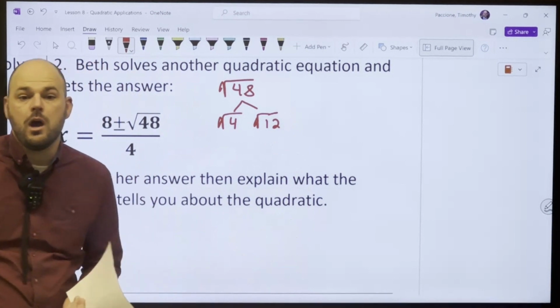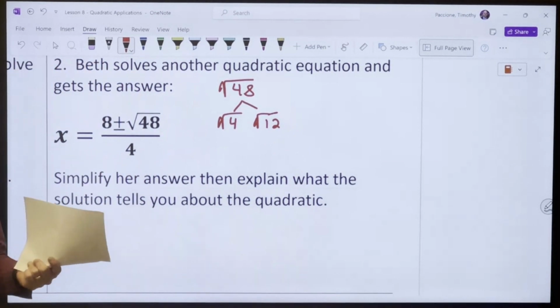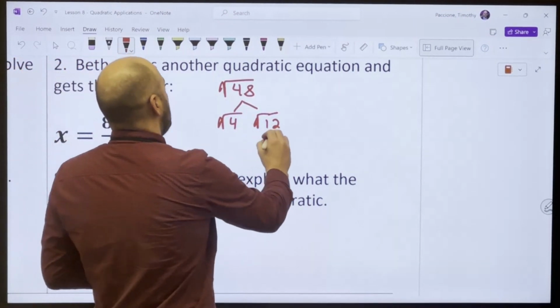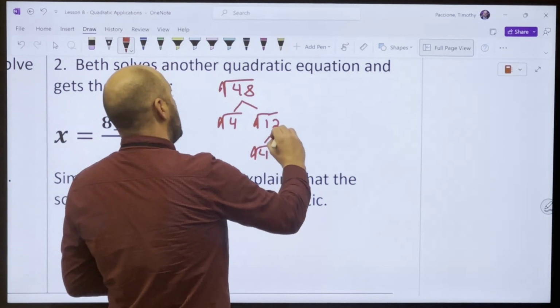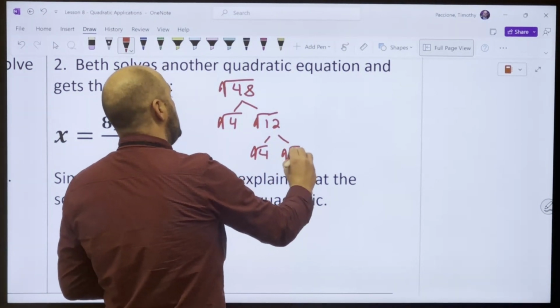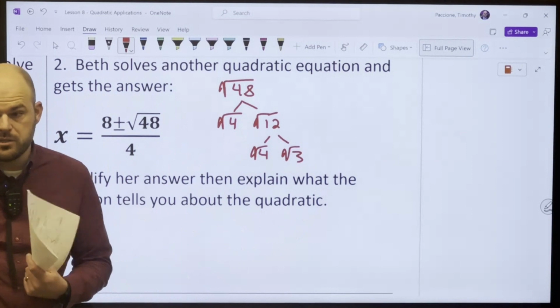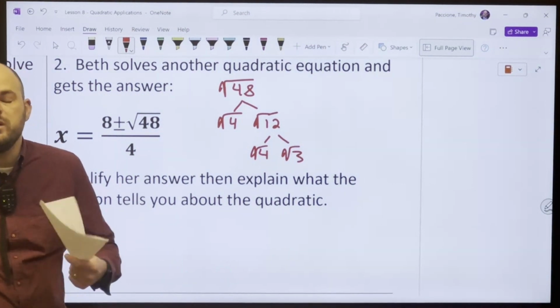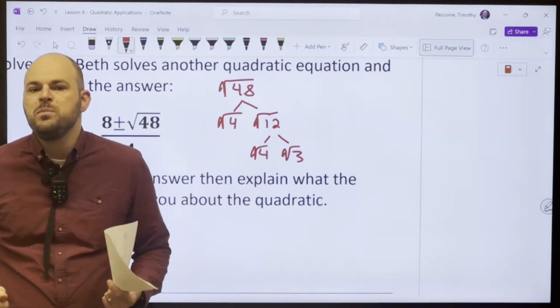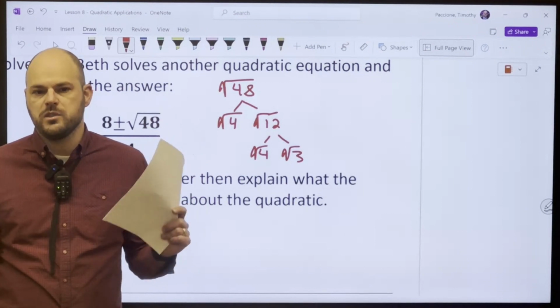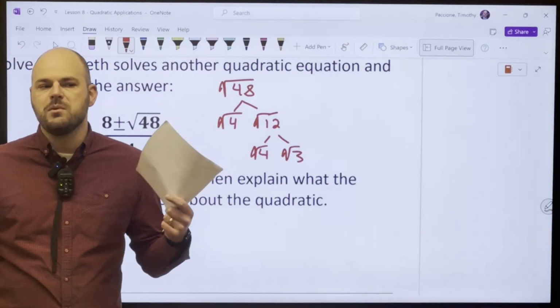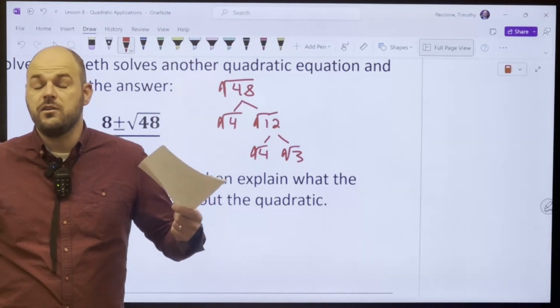And then you'd have to keep going, right? If you had to keep going and then got square root of 4 again and square root of 3, and you got multiple perfect squares, what you could realize at that point is there was a bigger perfect square in the first place, right? There was a number that I could have gone quicker with.